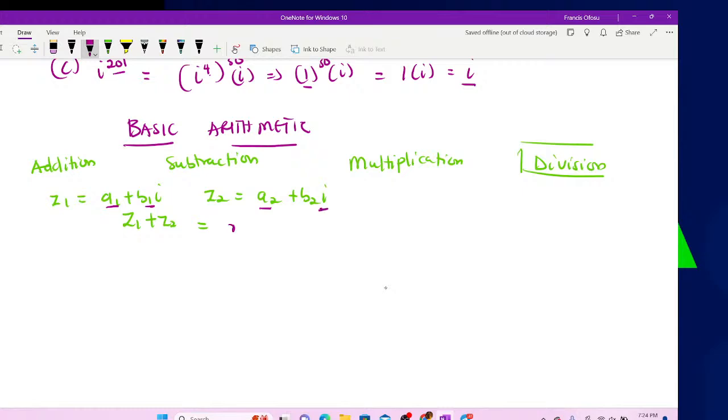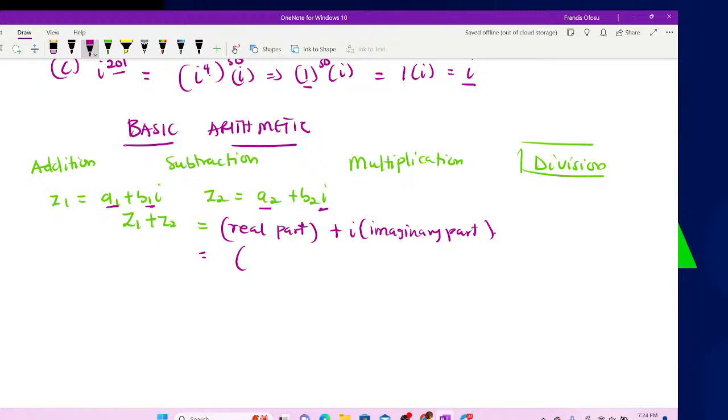So I'll have the real part plus i, open bracket, the imaginary part.